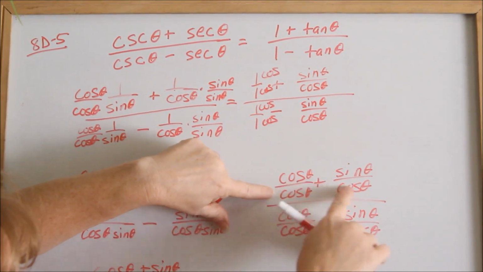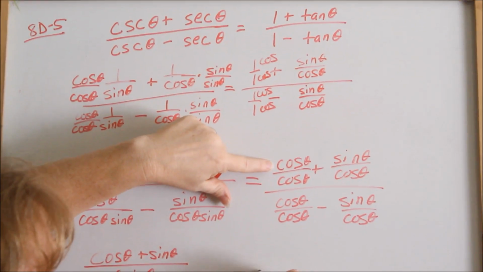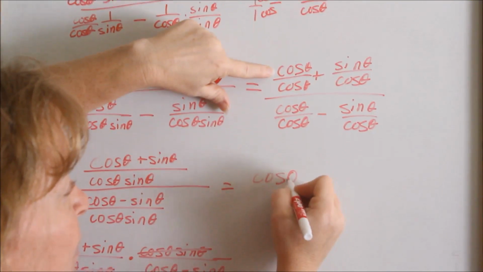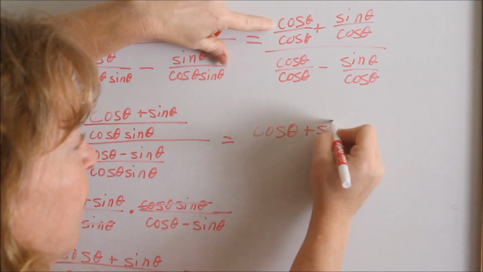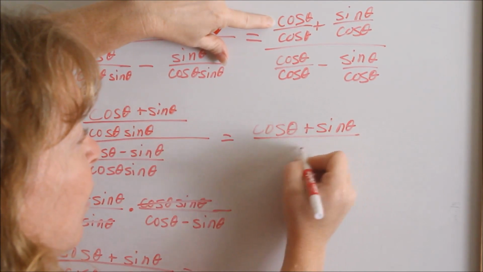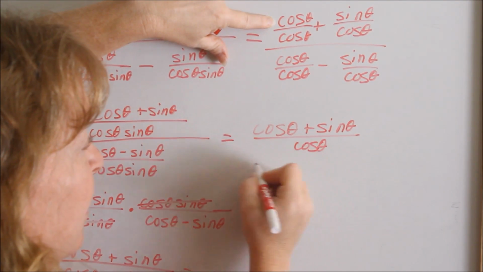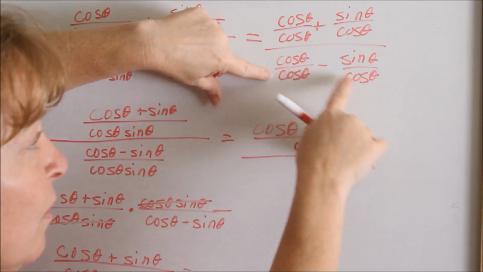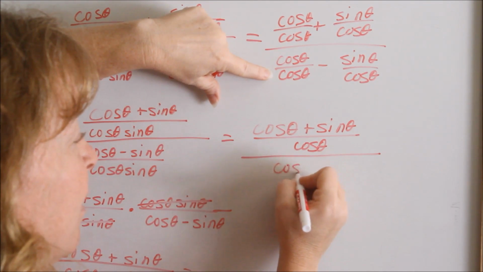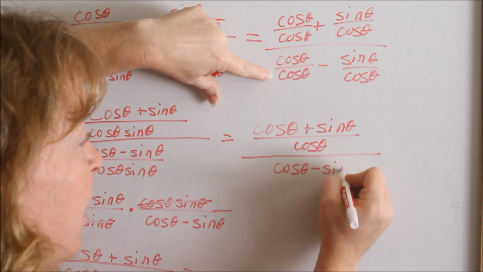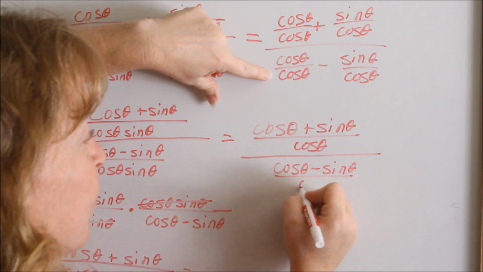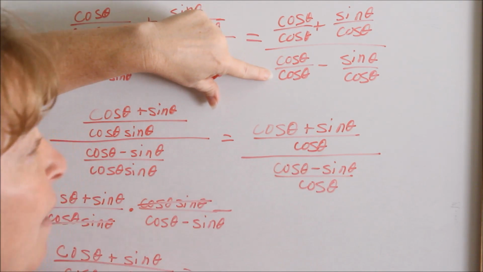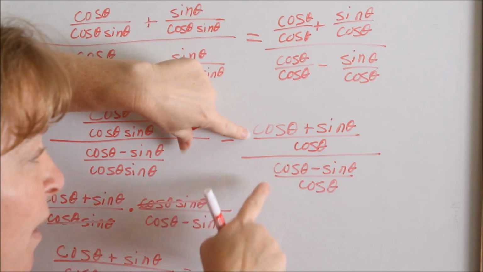I now have a common denominator, so I can combine my fraction to say cosine theta plus sine theta all over my common denominator of cosine theta, and in the bottom, same thing. I have a common denominator, so I can combine my fraction to say cosine theta minus sine theta all over my common denominator. I've simplified the top, I've simplified the bottom.